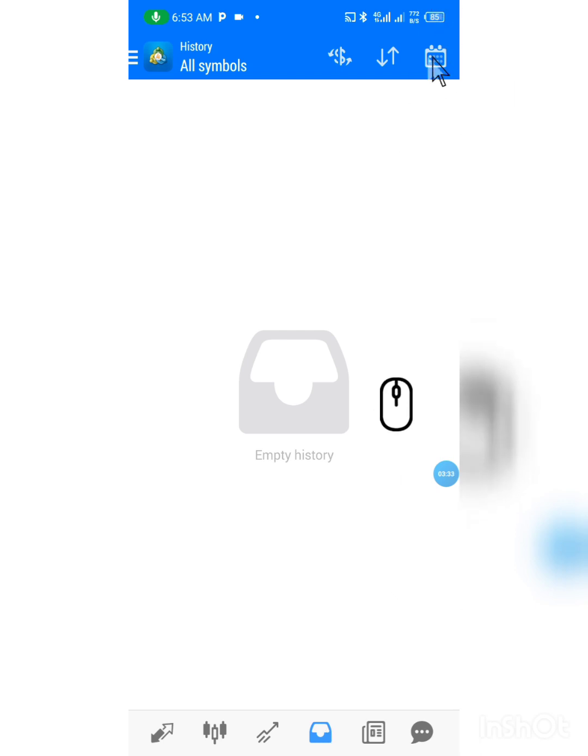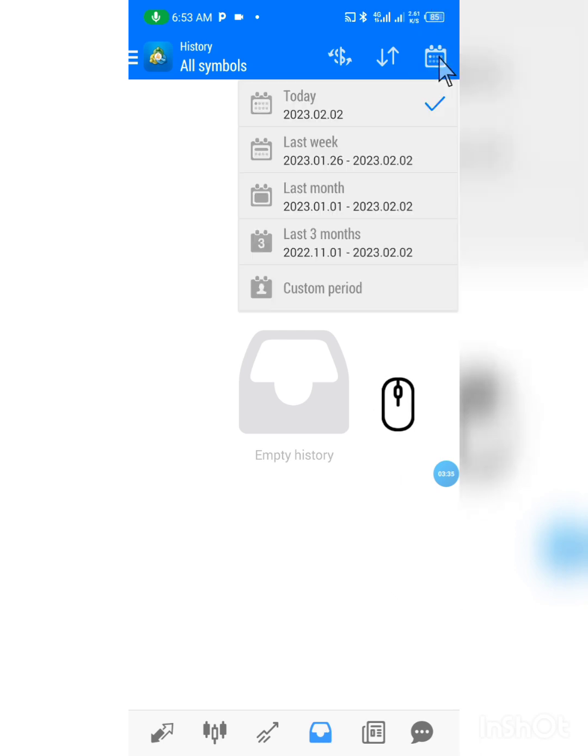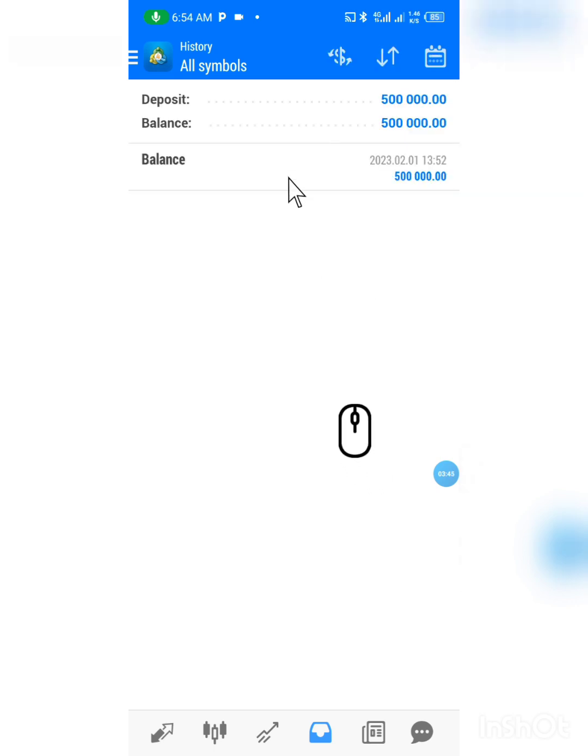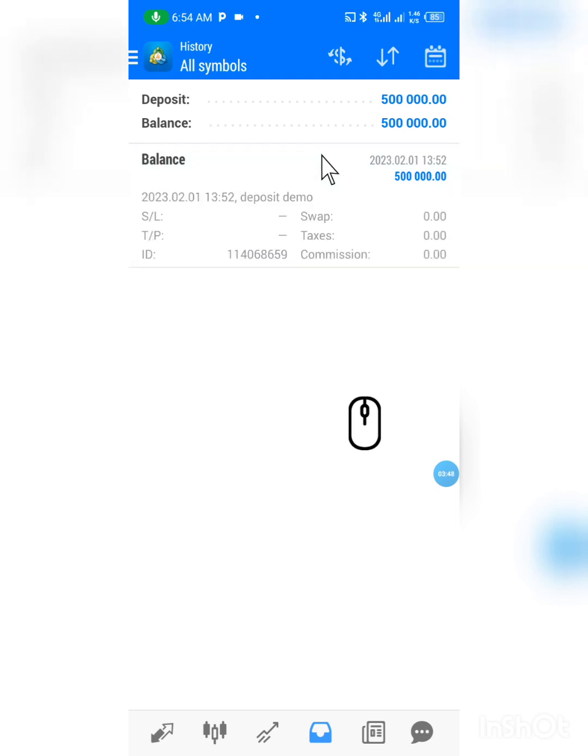Now, at this calendar region, if I click here, the reason why nothing is here is because there's no activity that has taken place. If I click last week, it's going to show me this demo account was created on the 1st, which was yesterday. So if I had placed a buy or a sell and I've closed it, whether profit or loss, it's going to reflect here.